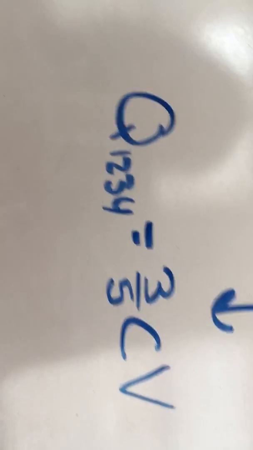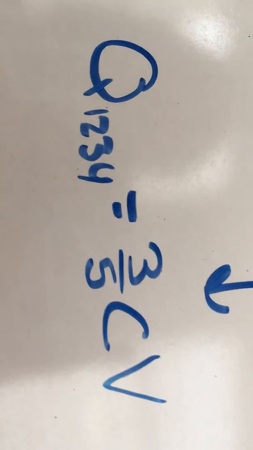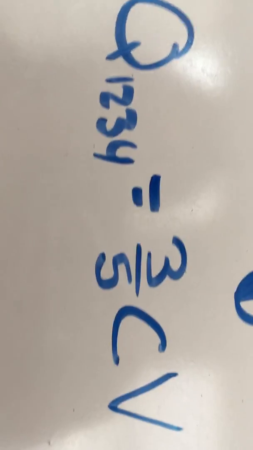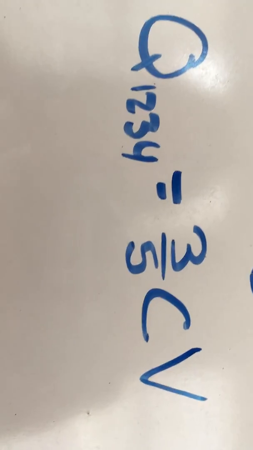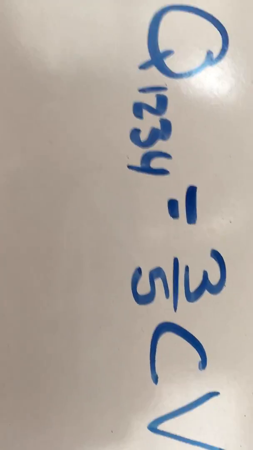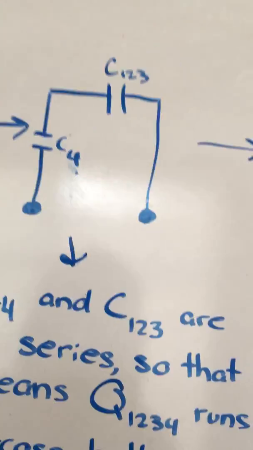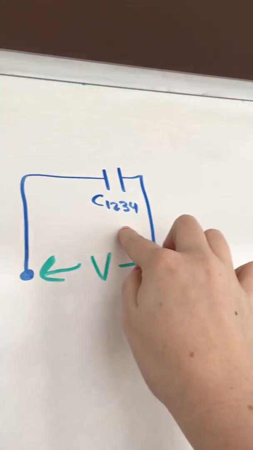So we're going to use this number to help us find the voltages for each separate capacitor, and then you can get the charge of the 4 separate capacitors just by adding C to your answer. So that's pretty much what we're going to do here. So coming back to this capacitor right here, it's in series, and it's a breakup of this one that's C1234.